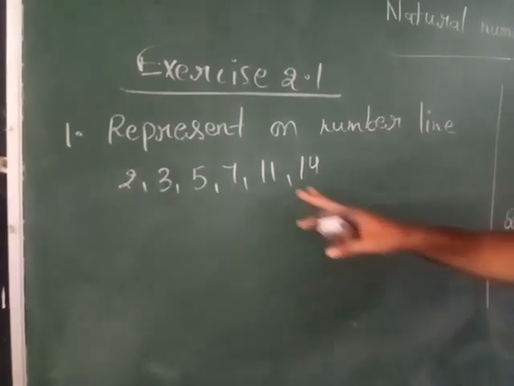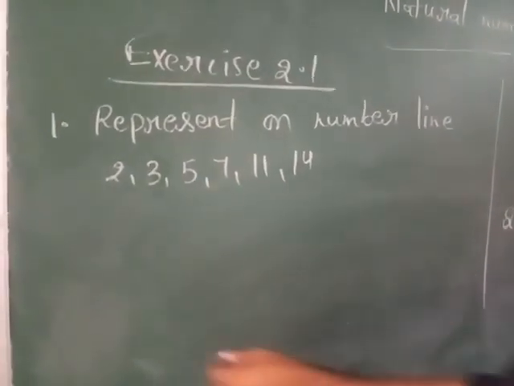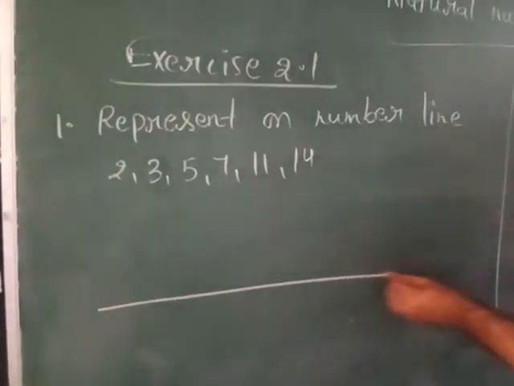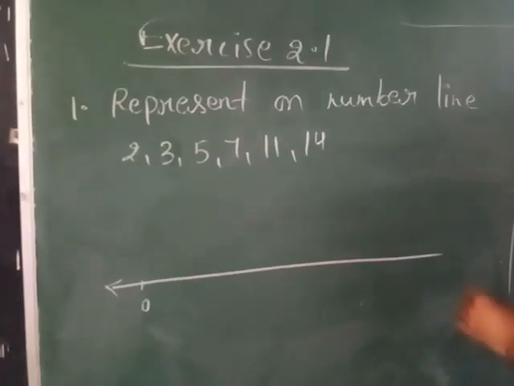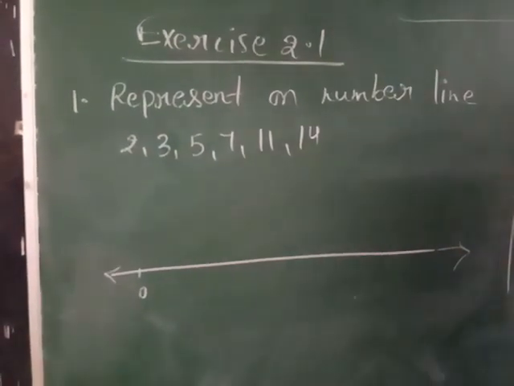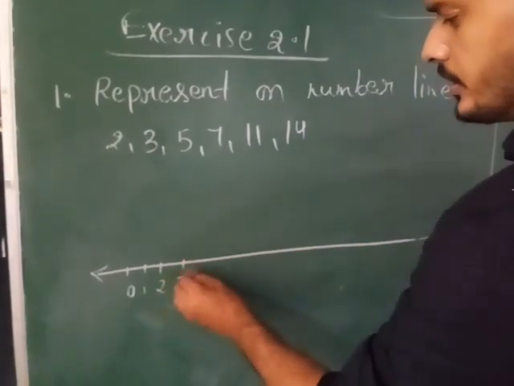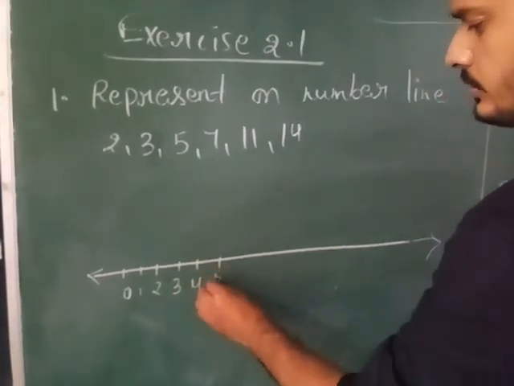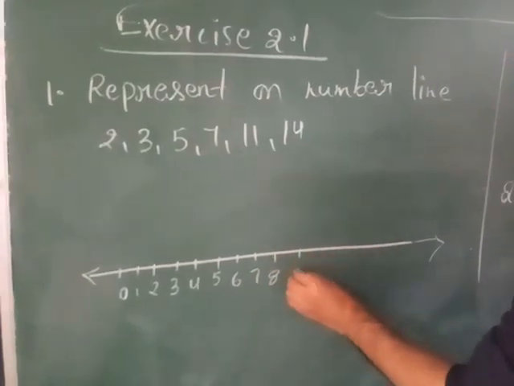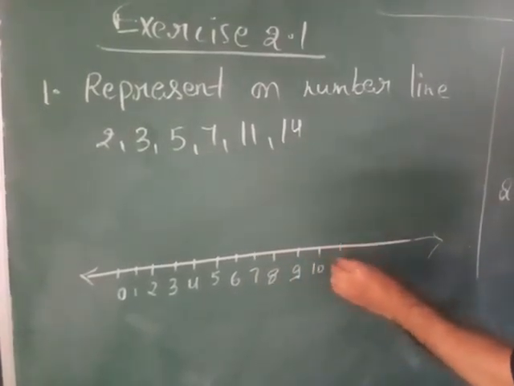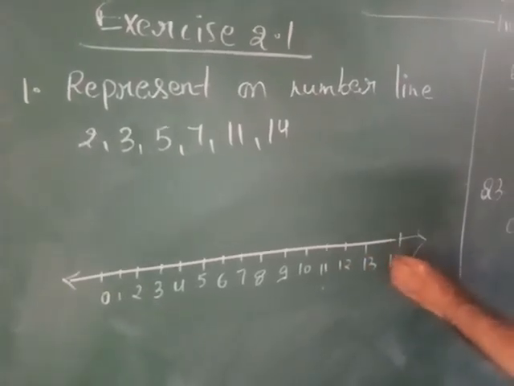The first question: we have to represent the following numbers on the number line. So let's draw a number line. That is 0, 1, 2, 3, 4, 5, 6, 7, 8, 9, 10, 11, 12, 13, and 14.